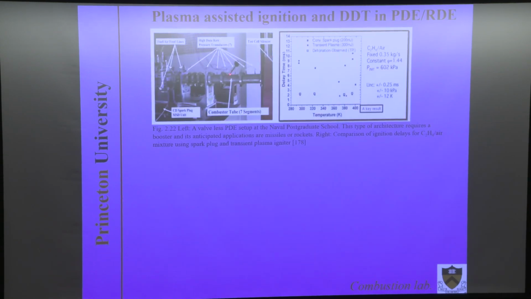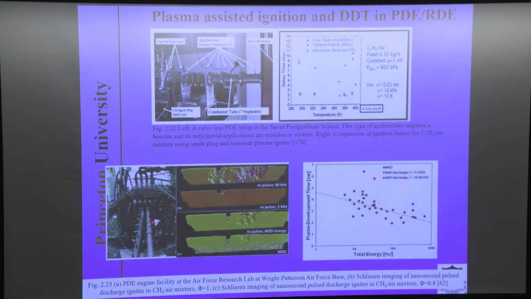This is another work on plasma-assisted ignition of detonation, a pulse detonation engine, done at the Air Force Research Laboratory. A pulse detonation engine is a detonation tube, and you need to enhance the ignition with a spark.